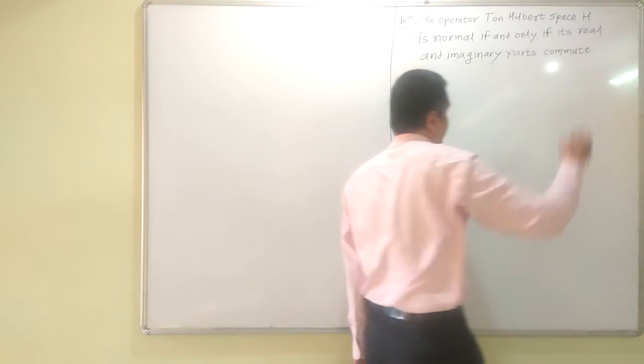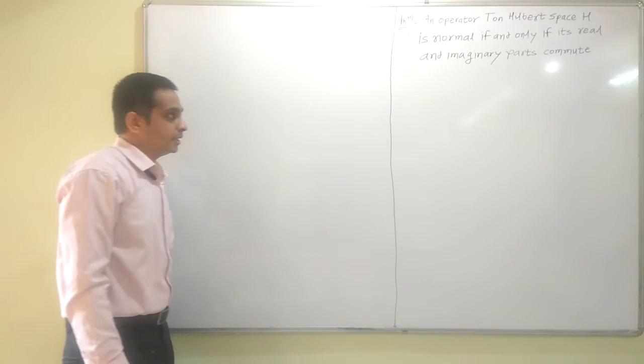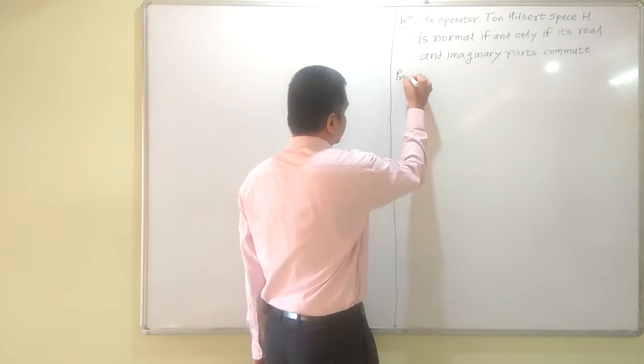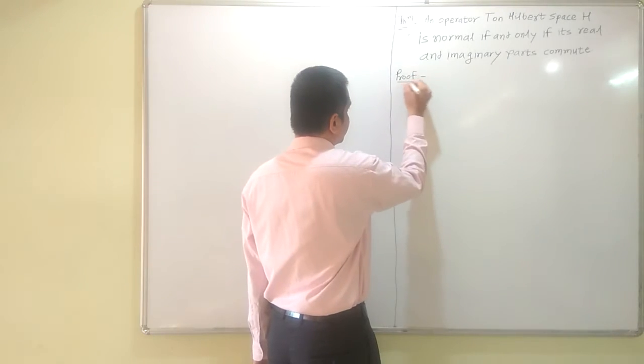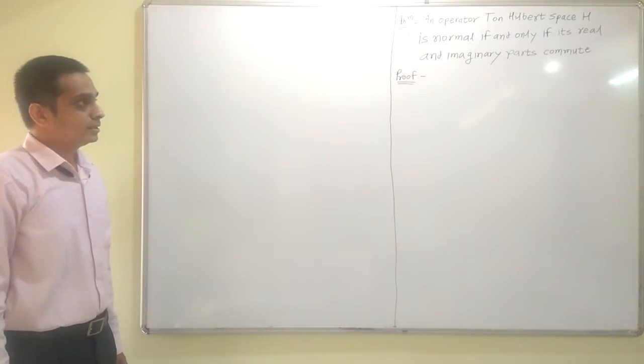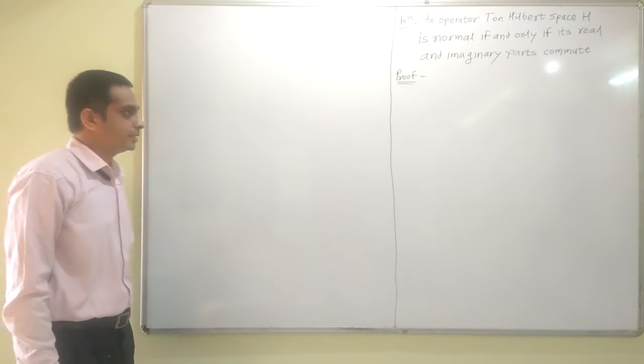So, in order that the statement becomes clear, let me introduce the real and imaginary parts, or real and imaginary operators, of T. Note that this theorem gives an equivalent definition of normal operator.